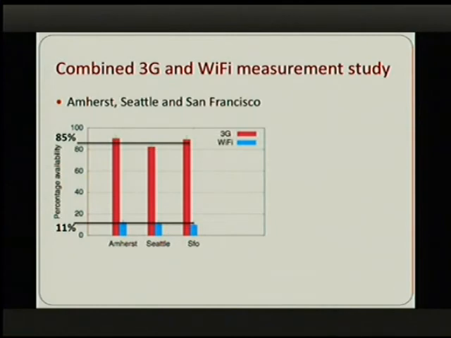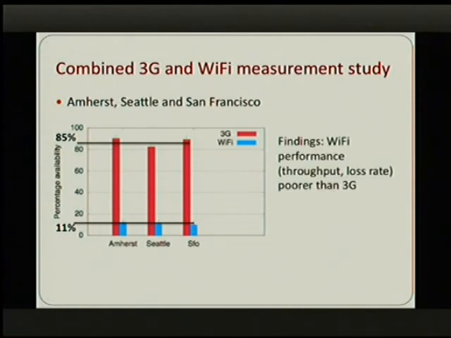But I was still surprised, I thought 11% was still high for connectivity with open access points in 3 cities. The other thing that we noticed in our measurement was that Wi-Fi performance in terms of throughput and loss rate was much, much poorer than 3G. And again, this is surprising in that in stationary environments, Wi-Fi performance in terms of throughput is much better than 3G. But in mobile environments, we found that it was much worse.